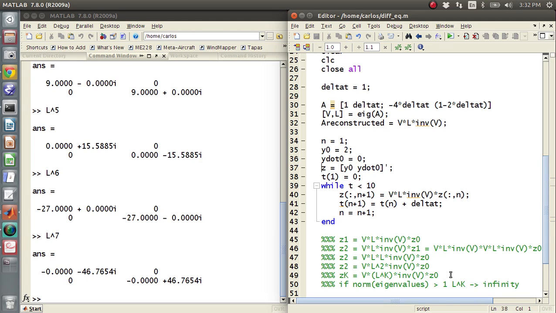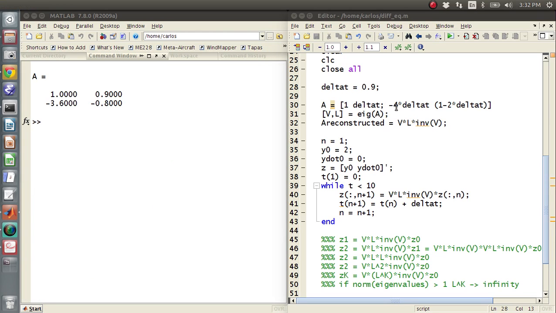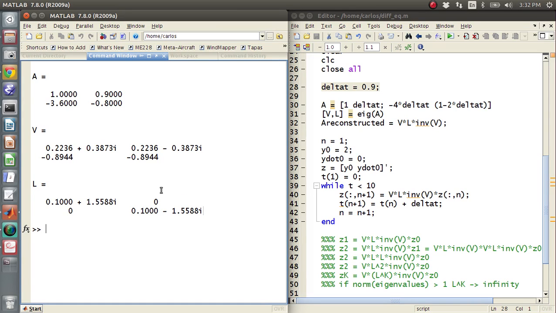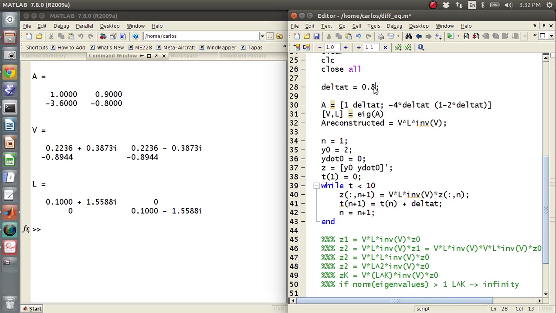So what I need to do is change delta T until the norm of my eigenvalues is less than 1. So it looks like that's not good enough. That's not good enough.